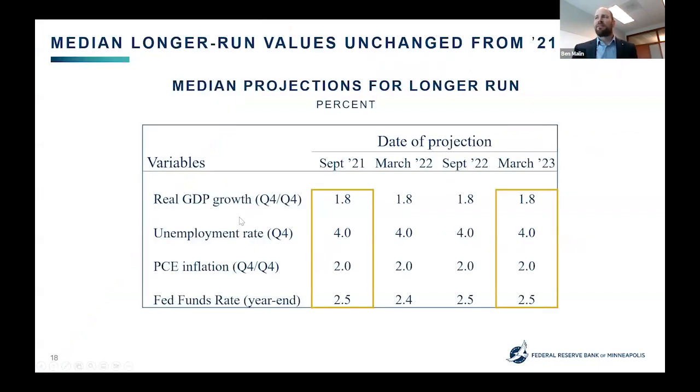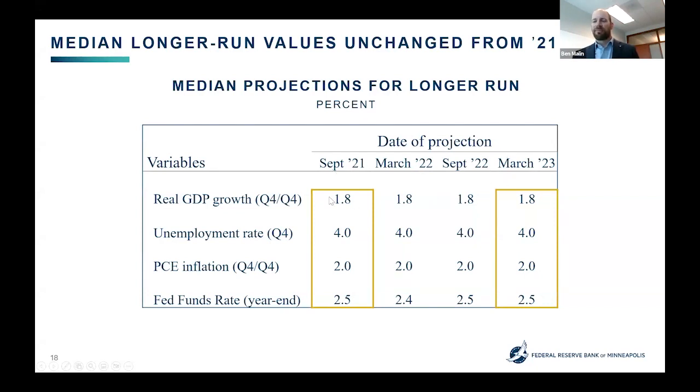And this is, again, I'm showing for the variables now. Core inflation, we don't have a long run projection for, we just have one for PCE inflation, so I've dropped that from the table. But this is showing the median longer run values for our four variables as of different times, as of September 21, when that SEP was made, till the most recent one, March 2023.